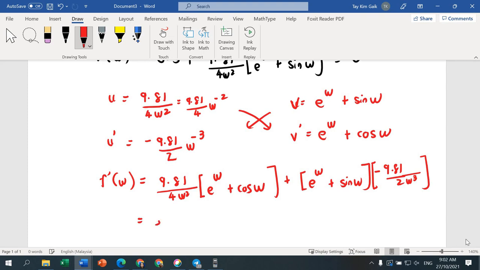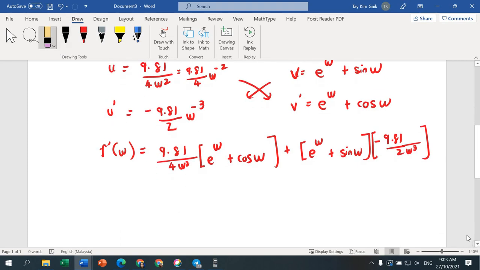You may collect back exponent w plus... Sorry, just keep it in this form. So this is your f prime w, and then scale for Newton.